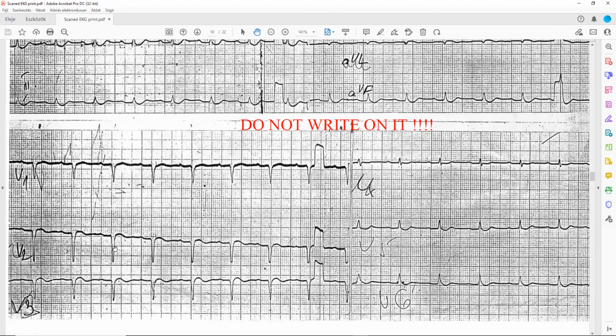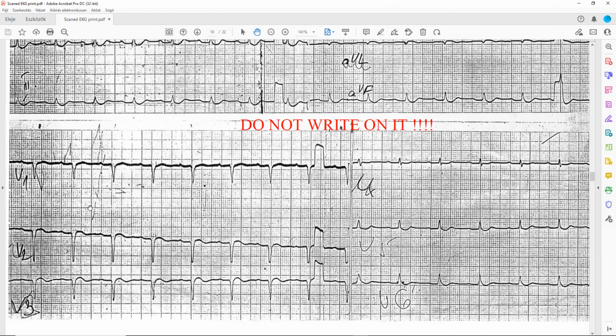So what does it indicate? It's not a blockage. Negative Q waves indicate necrosis, like you said.